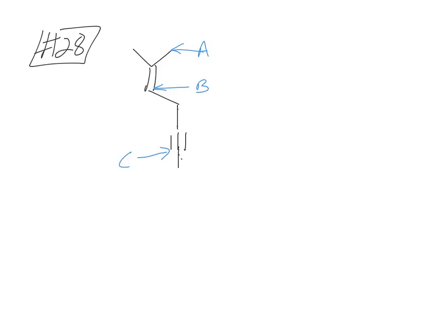So hybridization has to do with how that particular element is bonding. Right? The easiest way to look at this is, the first question you need to ask yourself is, does this element have pi bonds?